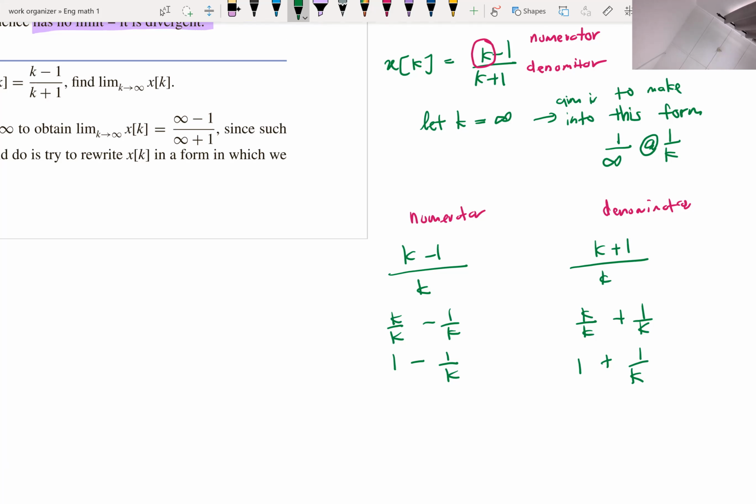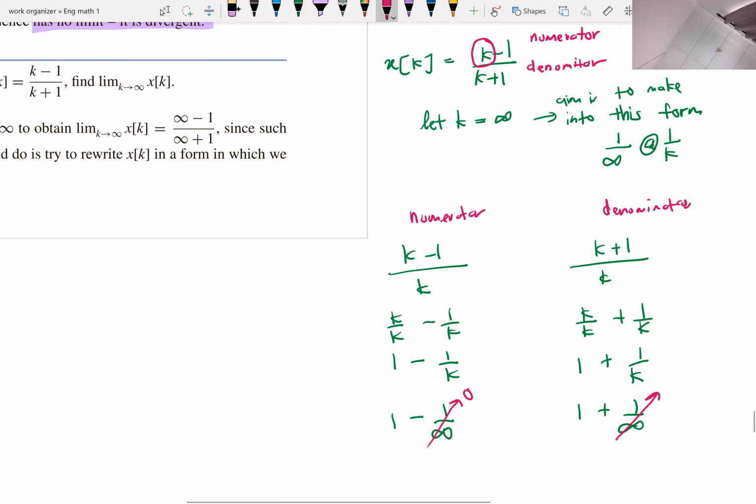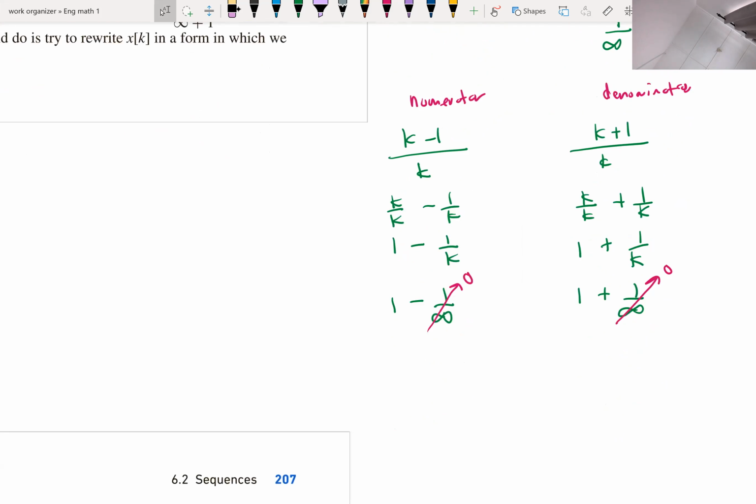We convert k into infinity, so 1 over infinity is 0, and 1 plus 1 over infinity, that is also 0. What is left is 1.